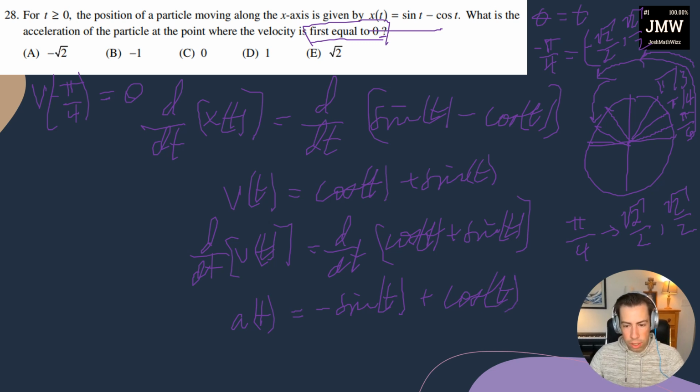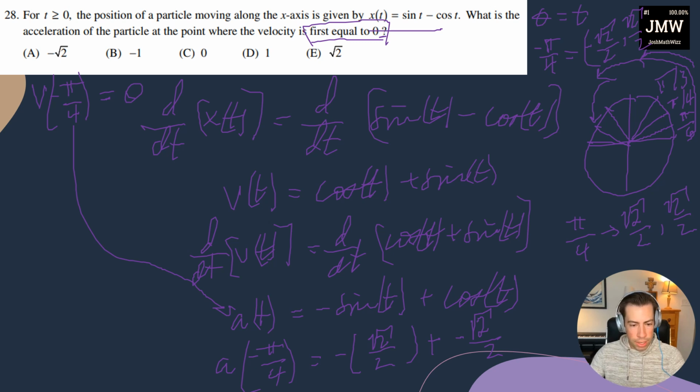Now, whenever I plug in negative pi over 4 here, a of negative pi over 4 is just going to be equal to negative the sine of that value, which is root 2 over 2, plus the cosine function, which is going to be negative root 2 over 2.